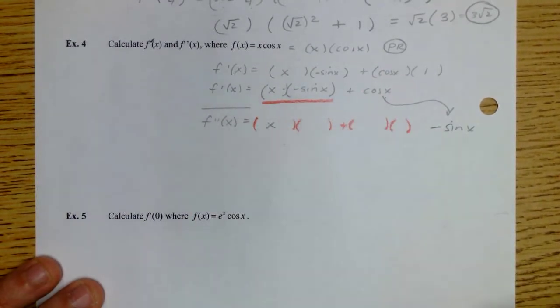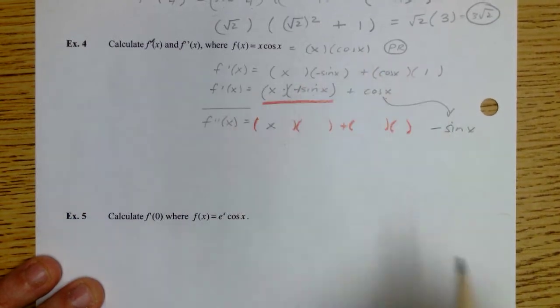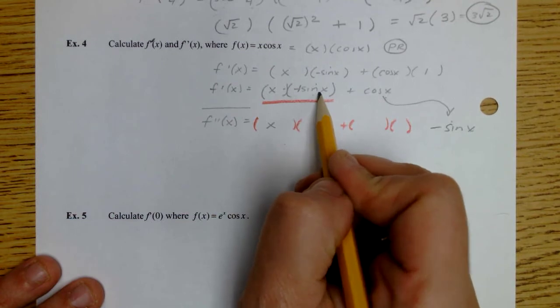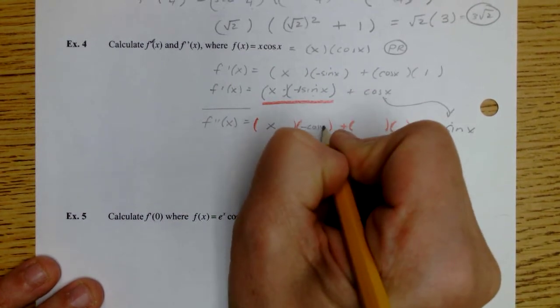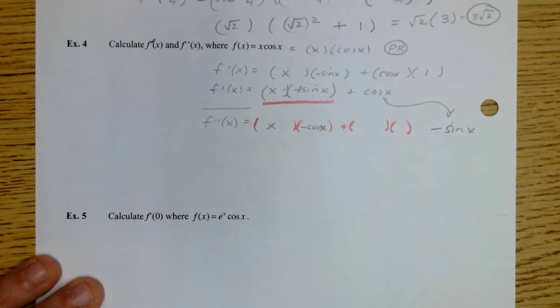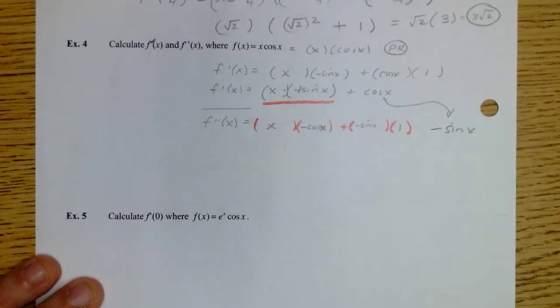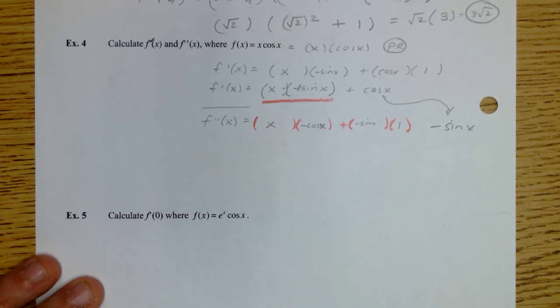So I've got x times the derivative of negative sine. So there's a 1 in front. The derivative of sine is just the cosine. So this is negative cosine x. But then I still have my negative sine x times 1, which is the derivative of x.